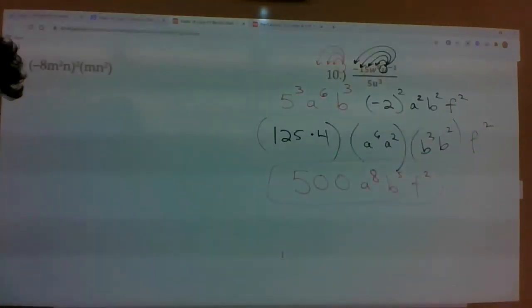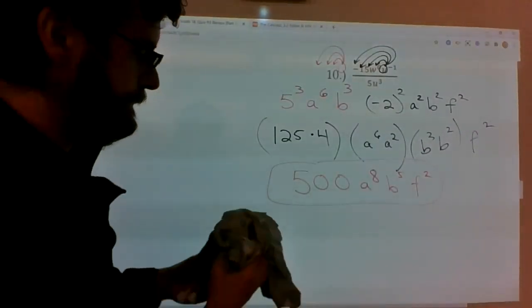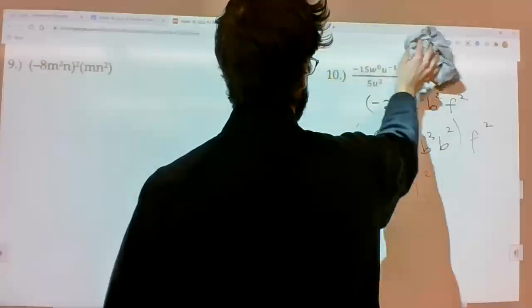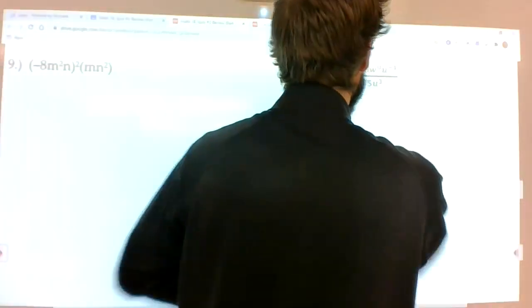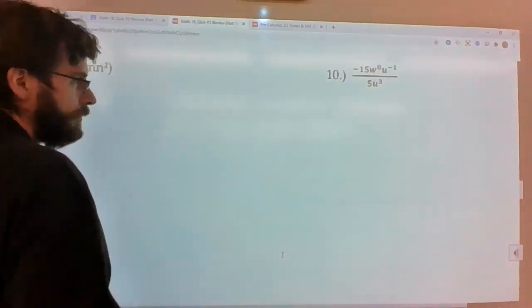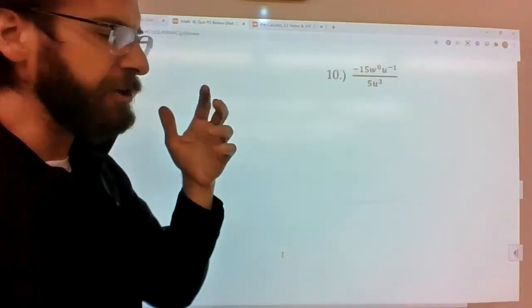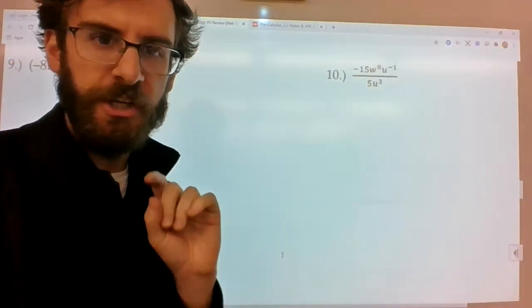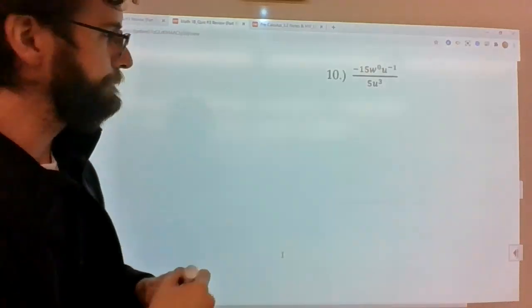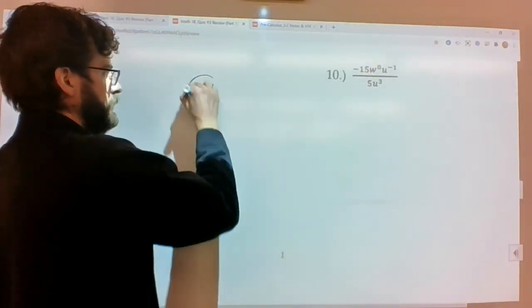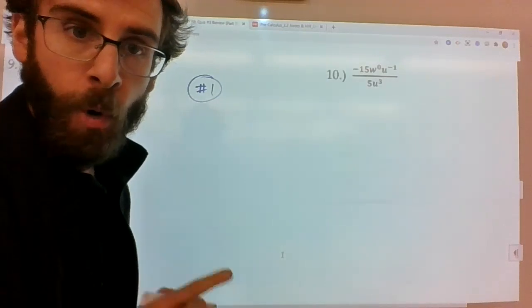All right, the next group of problems introduces us to division. And here are the 3 basic rules that you need to understand. 1, simplify the coefficient expression.